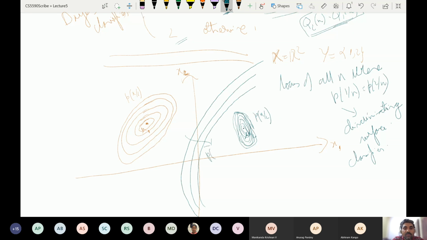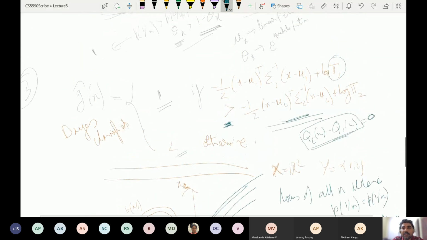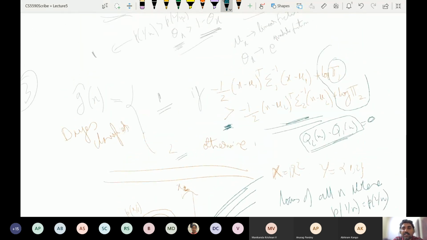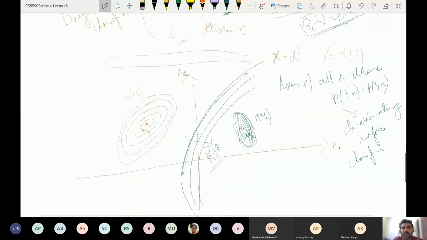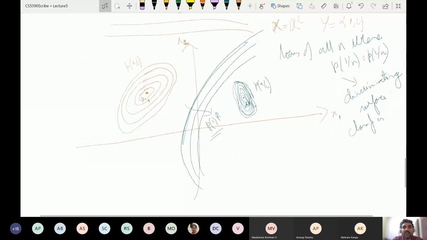So if P1 increases, the prior increases, but the likelihoods, the class conditionals, remain the same, then the shape will remain the same, but only the shifting will happen because these are coming as the constant terms in the quadratic. Right? Okay.